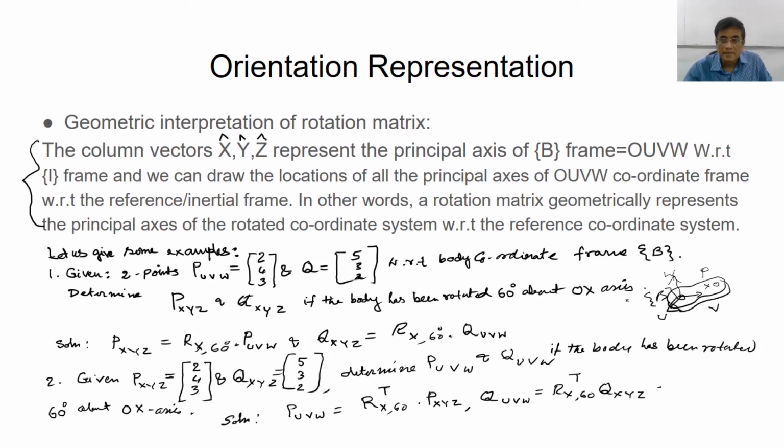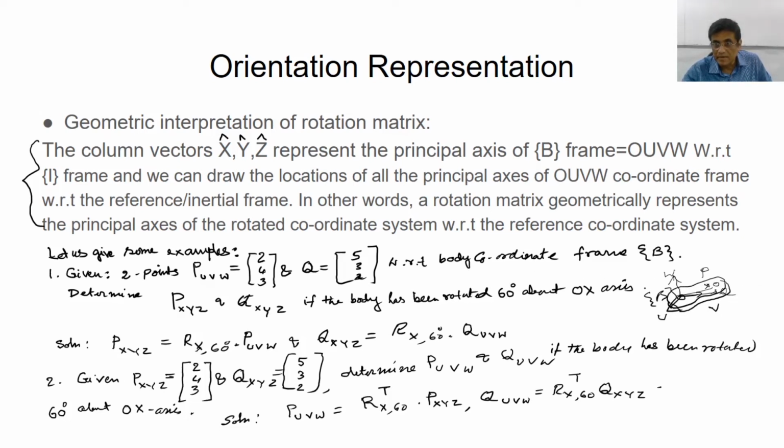Similarly, there is another point on this body, and there could be many, whose position vector is, say, 5, 3, 2, with respect to the body coordinate frame.